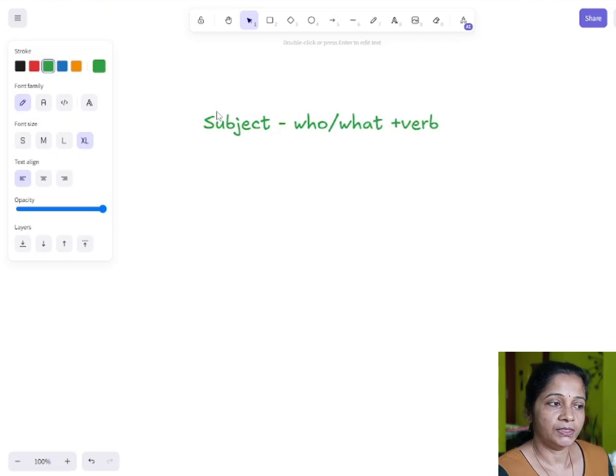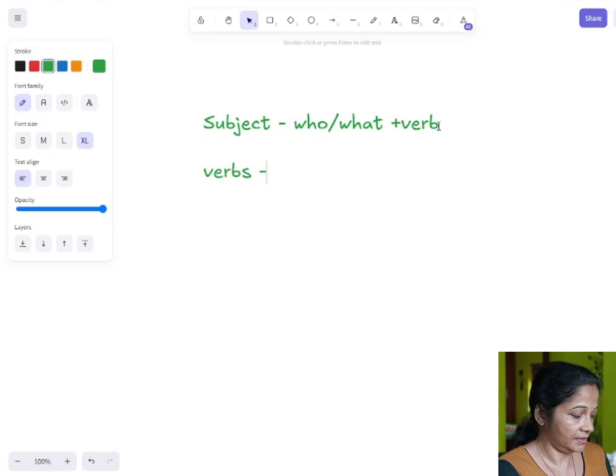So for now you understand this much. What the sentence is about, or who is doing something. So all these words usually come before the verb. So that's why we put who or what plus verb. So the very first basic is that you have to understand the verb. So that is why we focused on verbs.